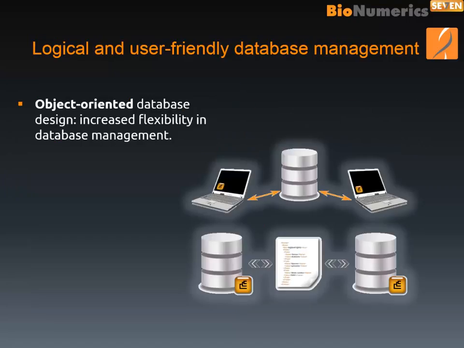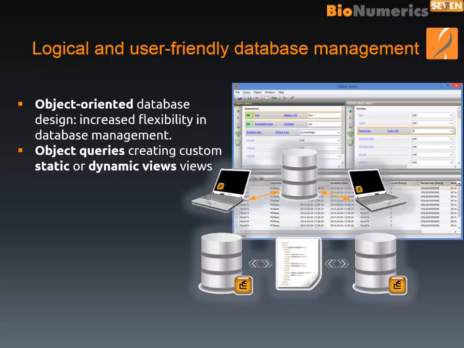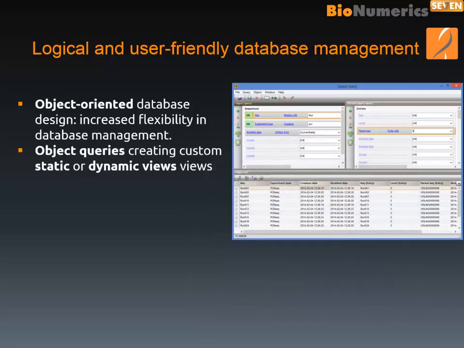The default database engine of BioNumerics was adapted to match the ever-increasing amounts of data. So BioNumerics 7 now offers powerful, unlimited databasing possibilities. With its object-oriented design, there is great flexibility in the database management and an even greater flexibility in the searching and creation of custom views with the entries of interest.